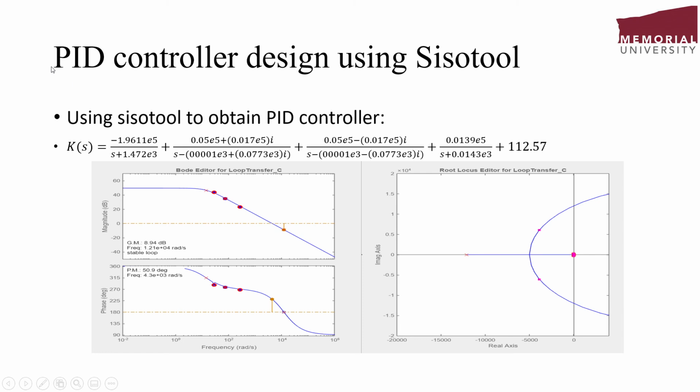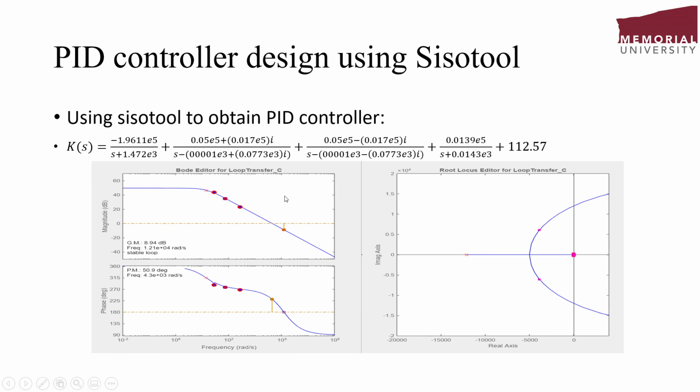And we use the SISO tool to design the PID controller. Here, as you can see, this is the Bode diagram of the closed loop boost converter, and here you have the root locus of the converter.